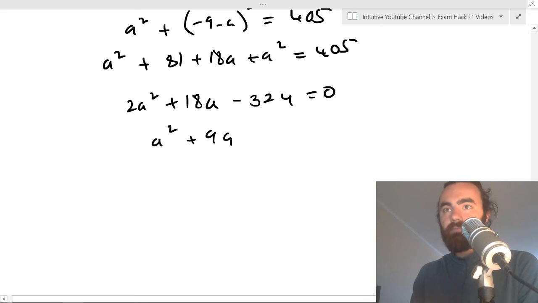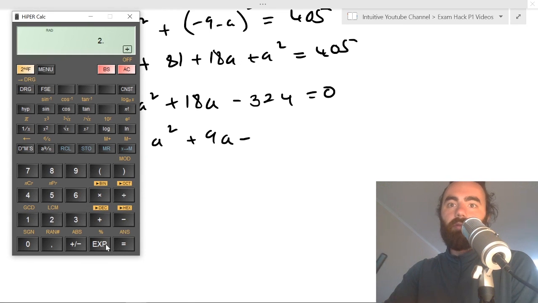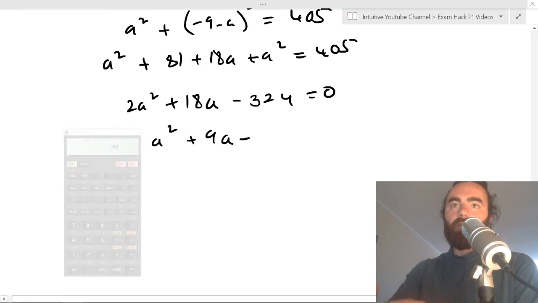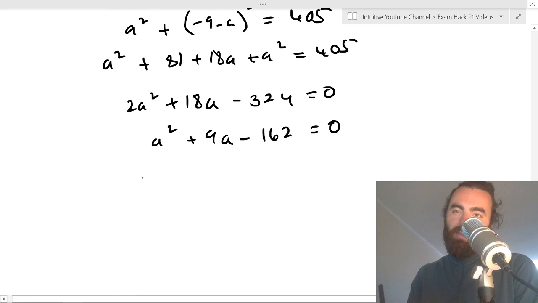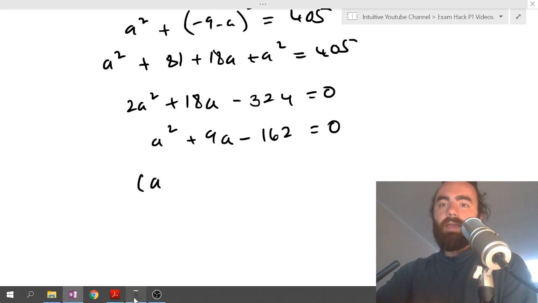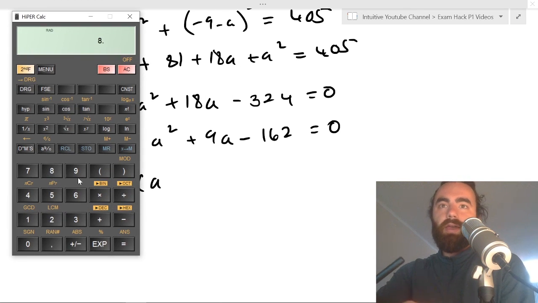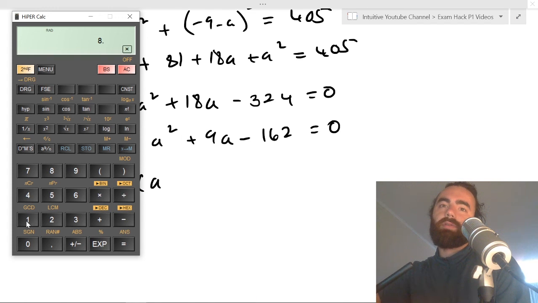So a squared plus 9a minus 162 equals 0. I just don't want to get it wrong. So what would it be?